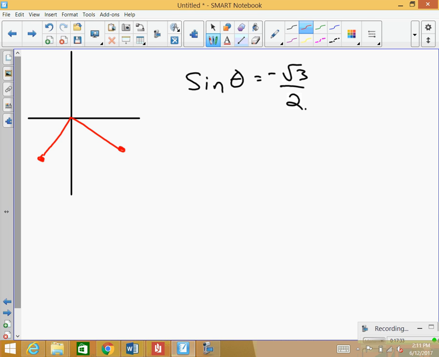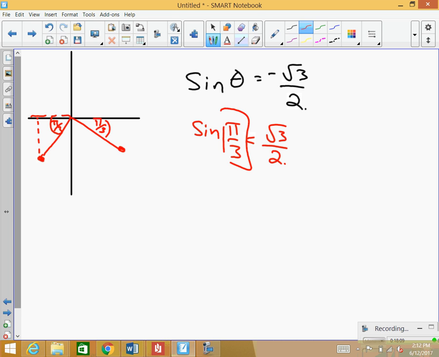Now root 3 over 2 is also another one of our special angles. So we know that sine of pi over 3 is going to be equal to root 3 over 2. So this is our special angle, and that's going to come in handy in a second. So we know, as a sine ratio, that this angle here is going to be pi over 3, and this angle here is going to be pi over 3.